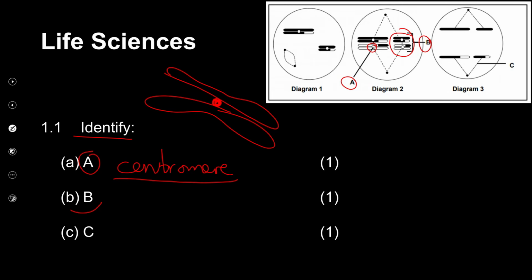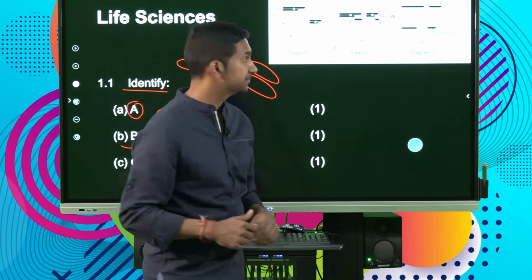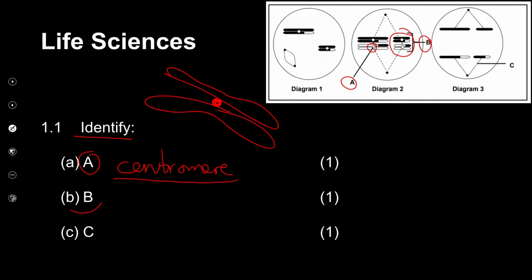So for me, that would be a pair of chromosomes. Because they are similar in shape and size, the correct term would be homologous. So B would be a homologous pair of chromosomes. And so that tells us that you've recognized that they are similar and that there is a pair of them.